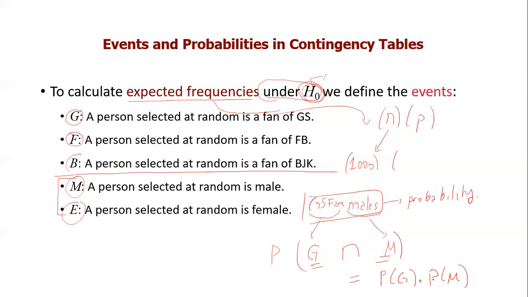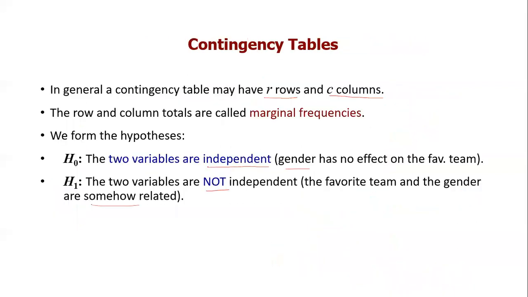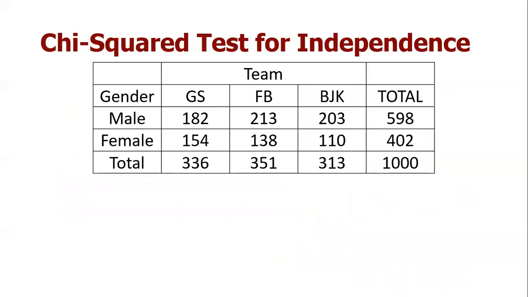This is the probability that you pick a guy from 1,000 people, and he is a Galatasaray fan and he's a male. So the last point is, what is the probability of G and what is the probability of M? Well, that's the easiest part. Just look here.